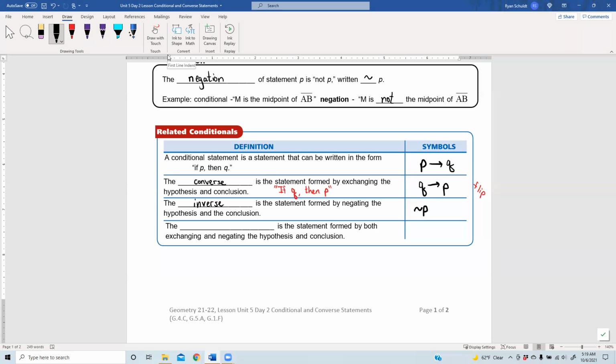If not P, then not Q. So this one has the nots in it.